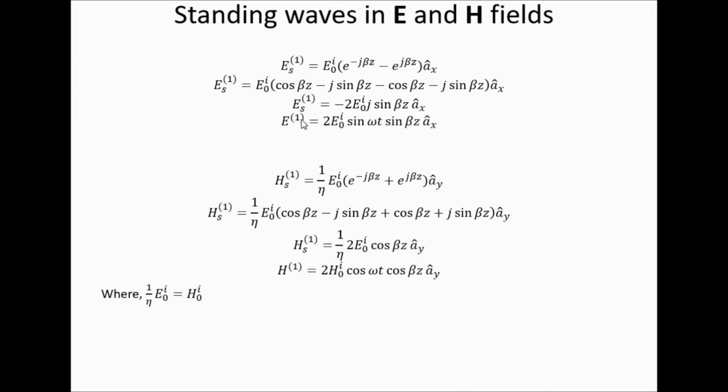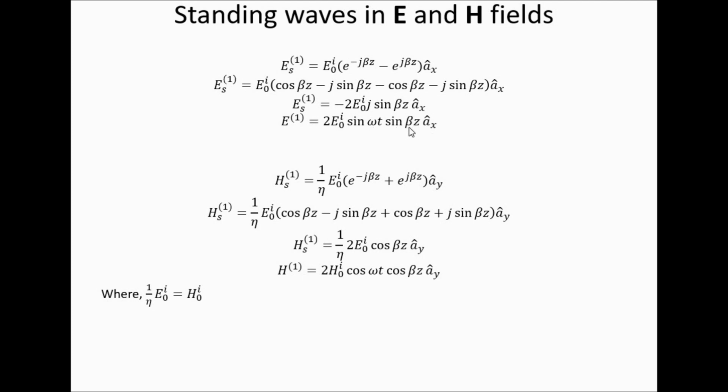So ES1 is 2 E0I j, and j is like the sine function, so you can write sine omega t and sine beta z. So now the total field has a sine wave and this. Now you see here the time function and the phase constant, they are separate.